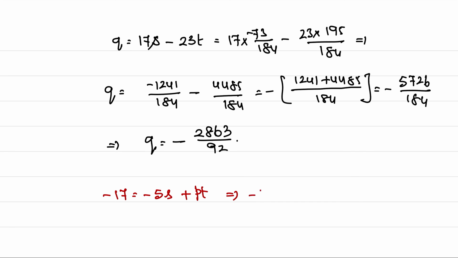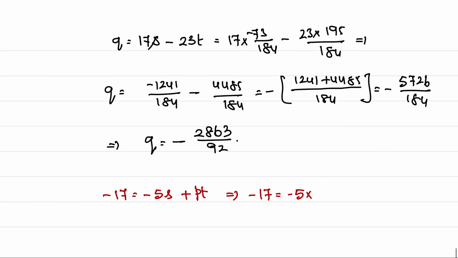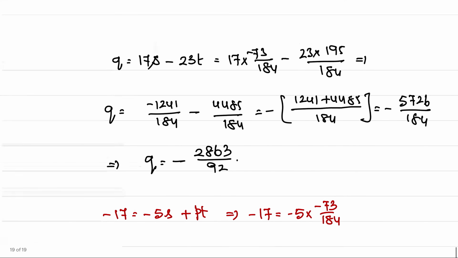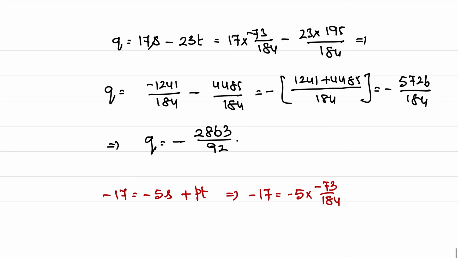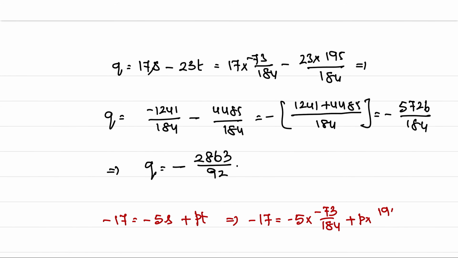That implies minus 17 is equal to minus 5 into what is the value of s? S we know, minus 73 by 184. P we don't know, plus P into what is the value of T? T we know, 195 by 184.